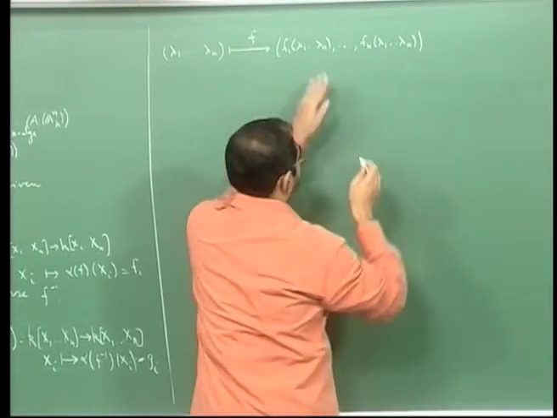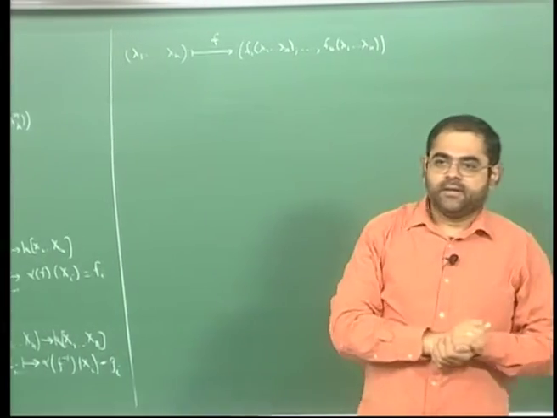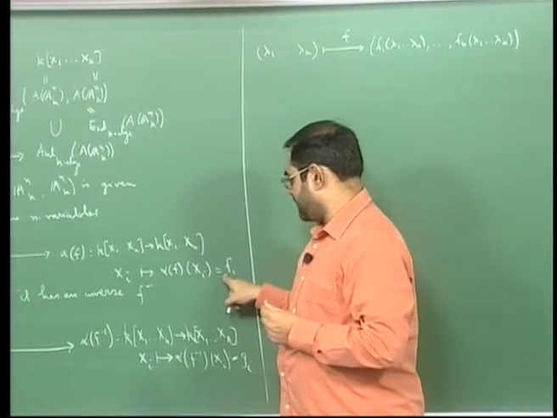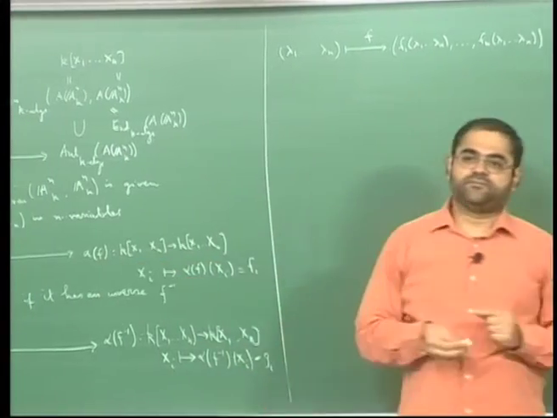This is the point it is going to go to. That is what it means to send the xi's to fi's under alpha of f.